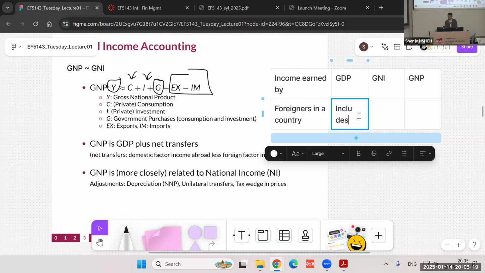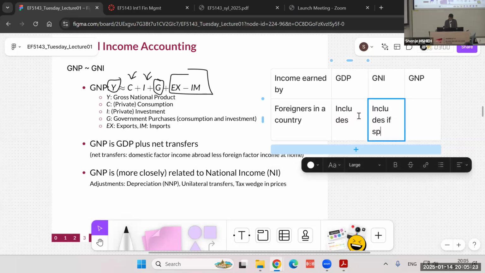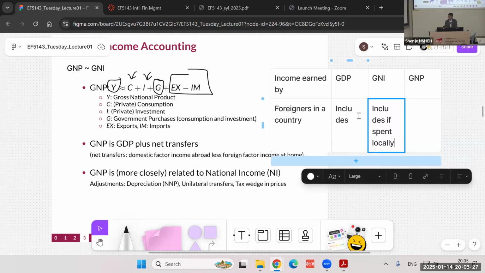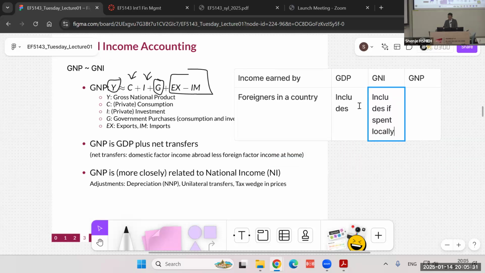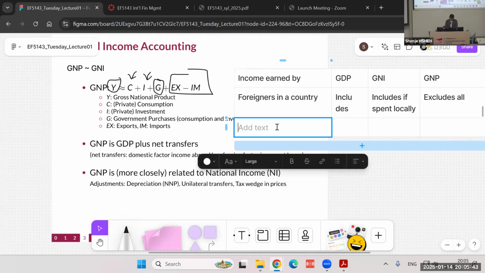GNI includes it if spent locally. And GNP excludes it. Residents outside.